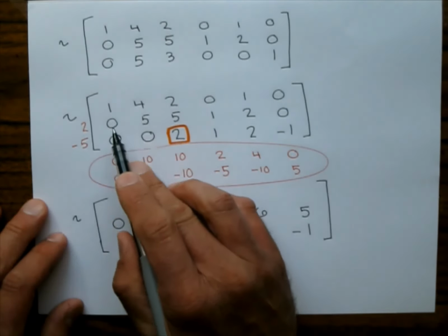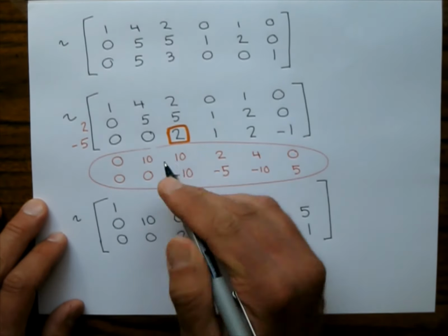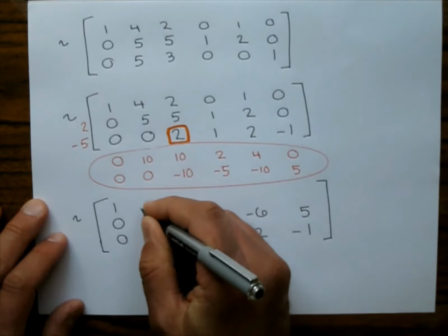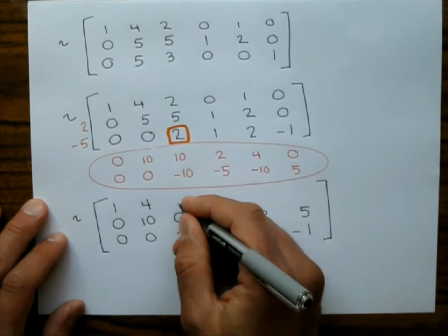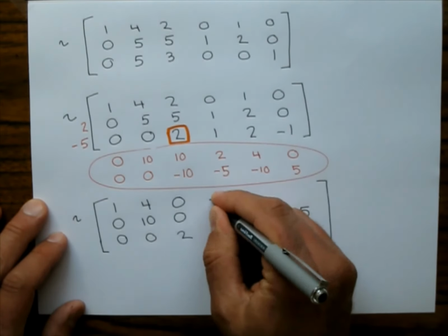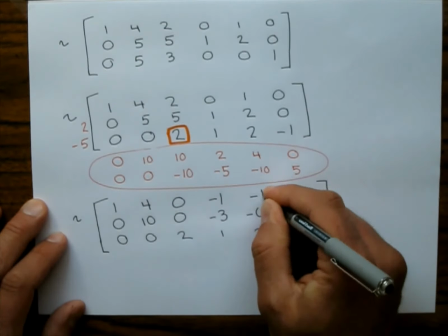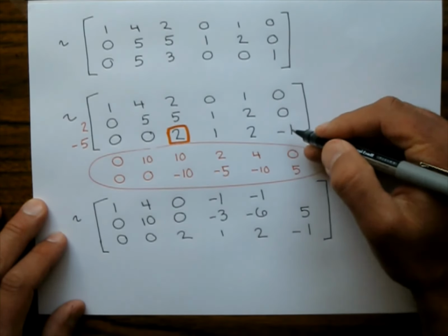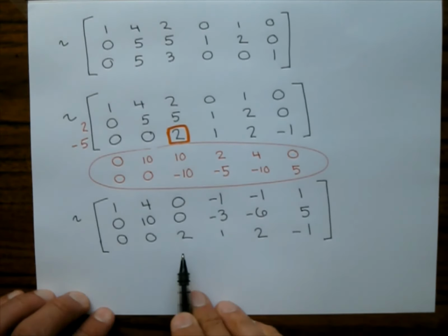So this is 1 minus 0 is 1. 4 minus 0 is 4. 2 minus 2, this is what we want, 0. 0 minus 1 is negative 1. 1 minus 2 is negative 1. 0 minus a negative 1 is a positive 1. Okay, so this is good.